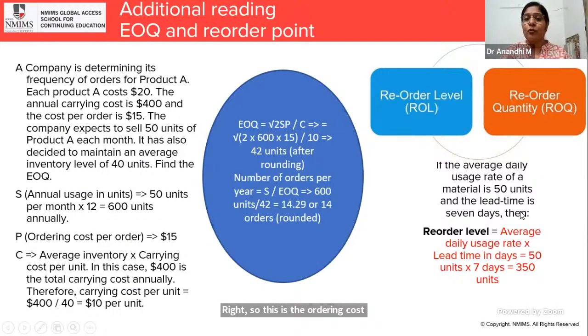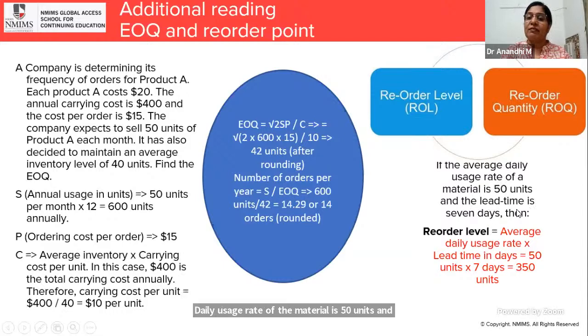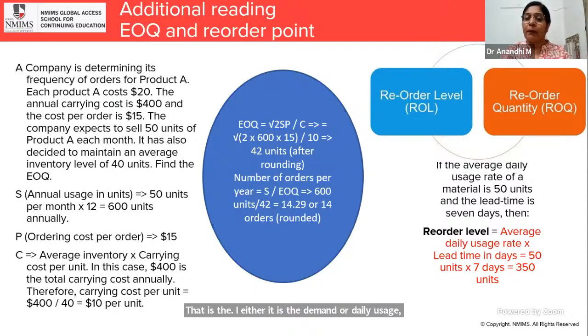So here, coming to the reorder level. If the average daily usage rate of the material is 50 units and the lead time is 7 days, then your reorder level is the average daily usage rate multiplied by the lead time in days. Either it is the demand or the daily usage rate multiplied by the lead time.